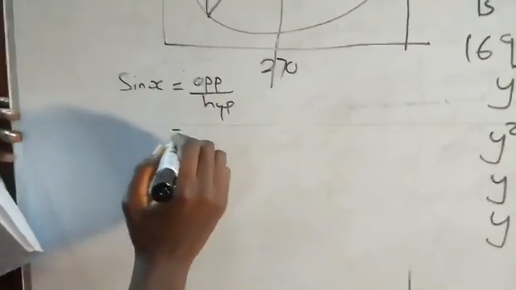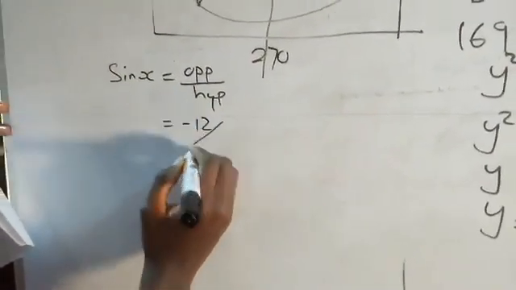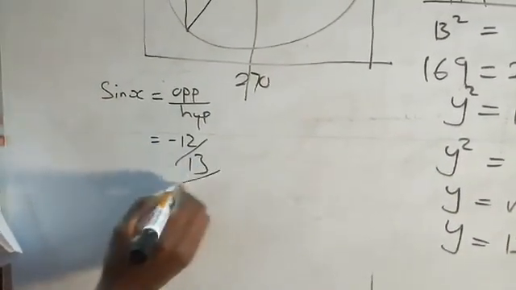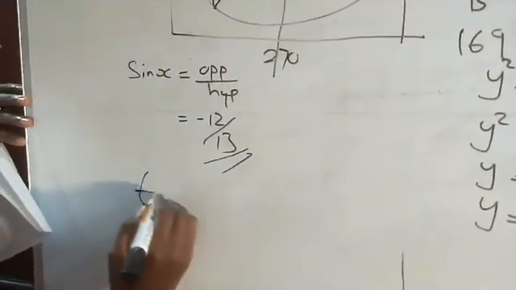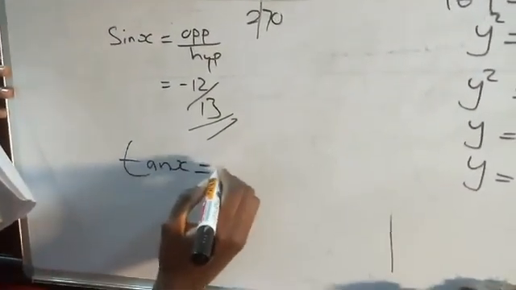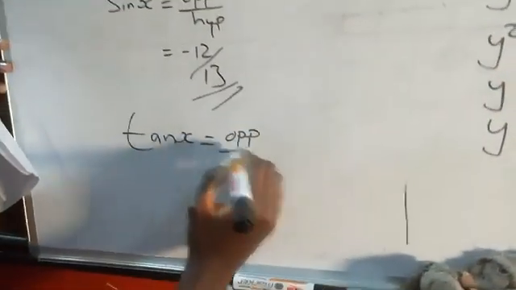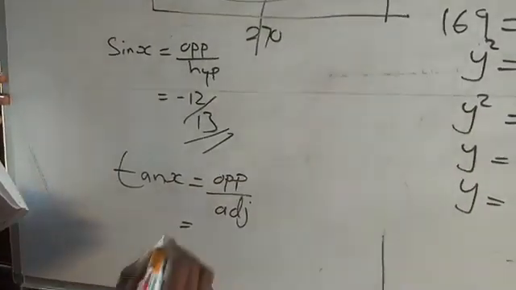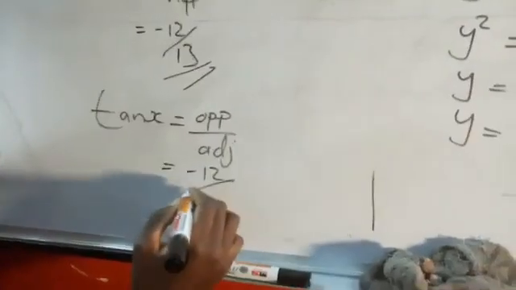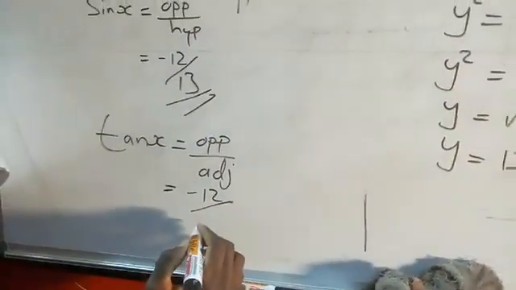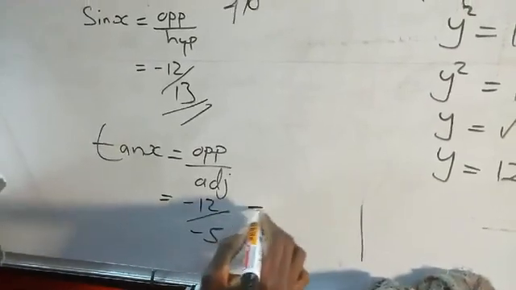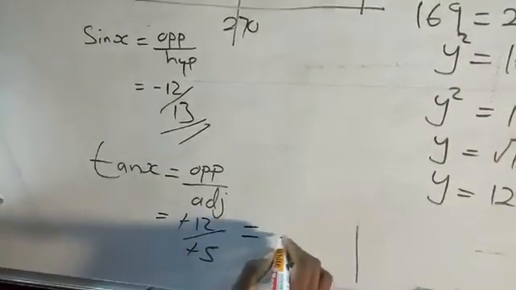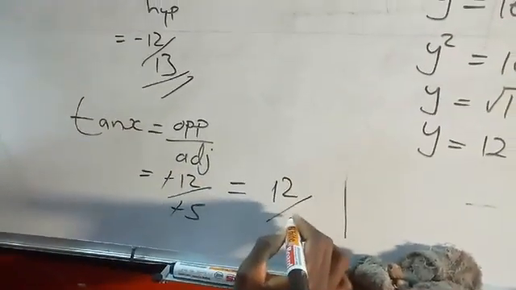Our opposite is -12 over our hypotenuse, which is 13, and our tan X is equal to opposite over adjacent, and our opposite is -12 over adjacent, which is -5, becoming these negatives will cancel, becoming +12 over +5.